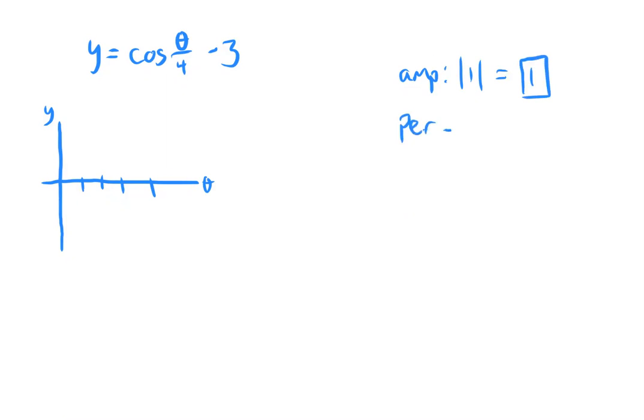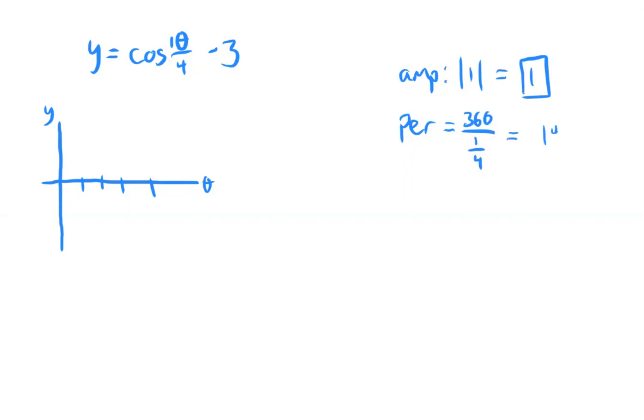For the period, this one, it tells us in the problem that it's in degrees. So it's gonna be 360 over b. And our b is gonna be 1/4 here. So dividing by 1/4 is the same as timesing by 4.